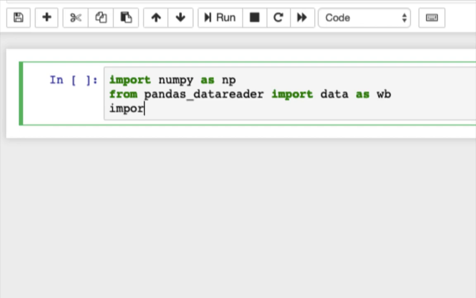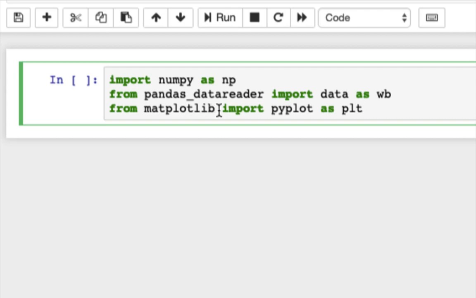Then this is new: from matplotlib, import pyplot. We will call it plt, or call it whatever you want. Don't call it plot because it may run into problems. So we will import the entire NumPy module. From the pandas data reader module, we will import only data, the data function, as wb.